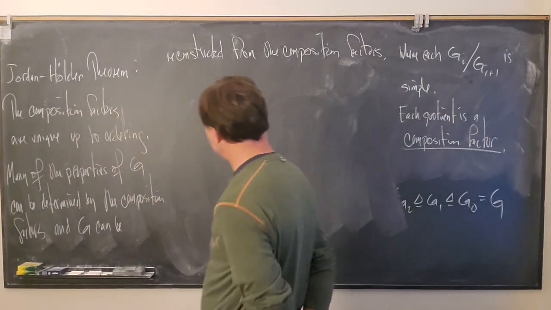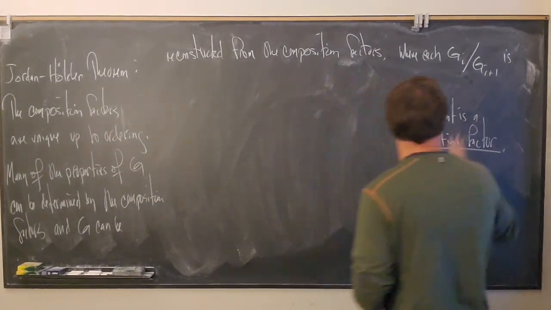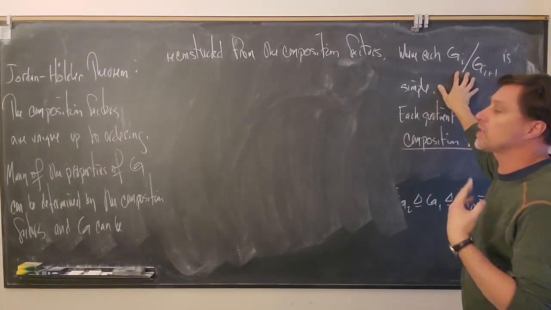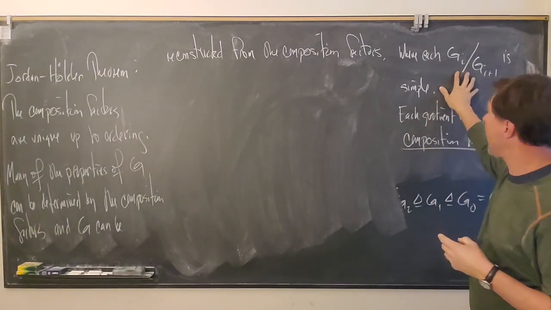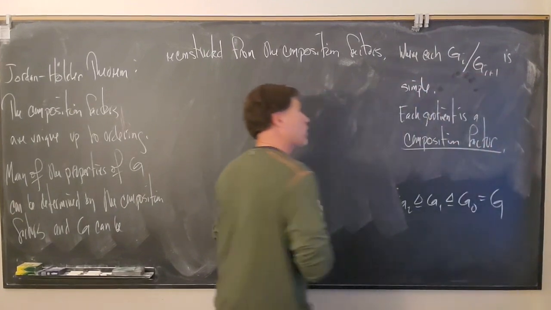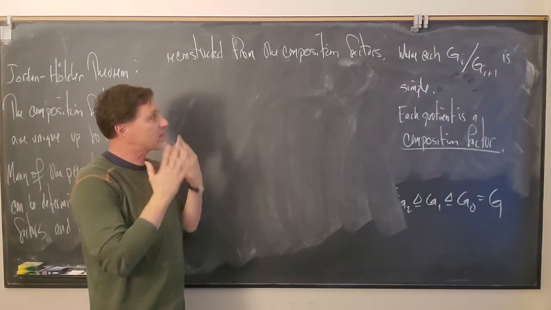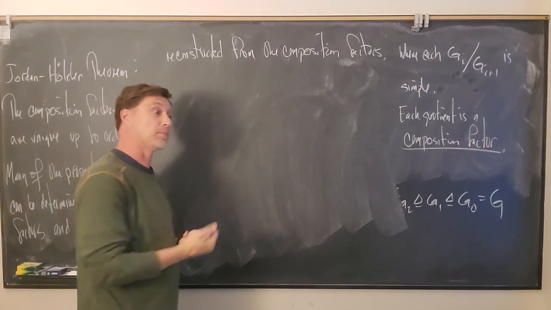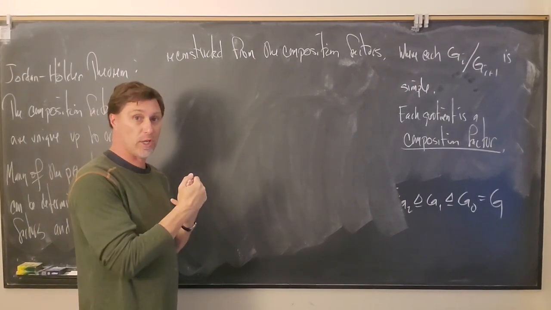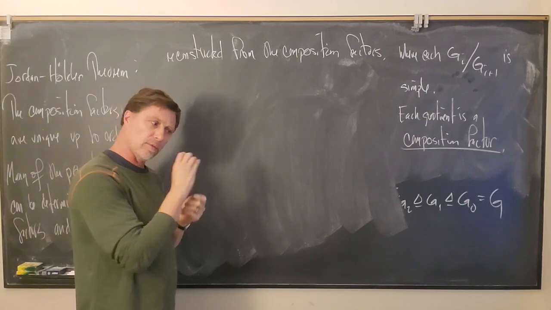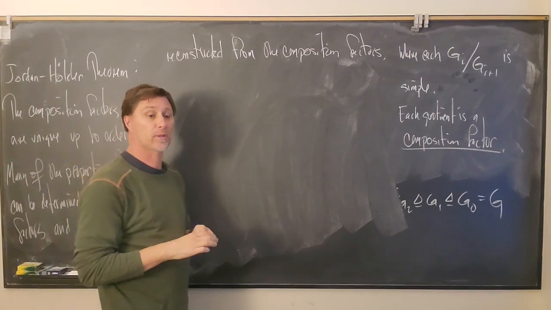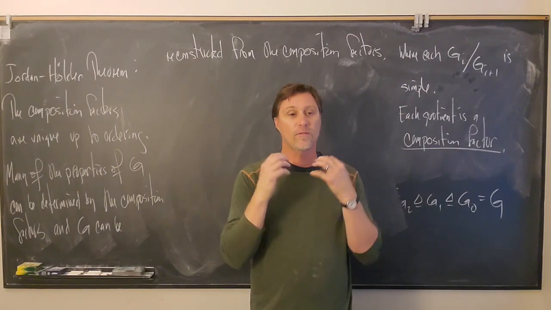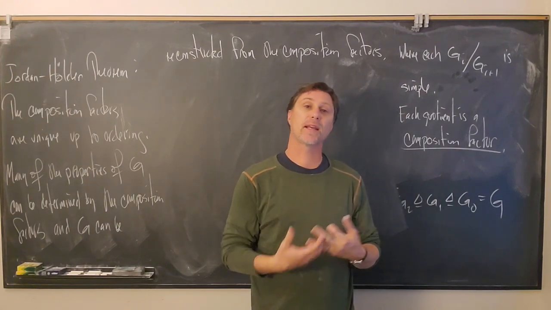So what does that tell us then, right? If you know all the composition factors corresponding to a particular group, then you essentially know who that group is. And all of these composition factors are simple. So in a sense, the composition factors are the building blocks of the group G, and all of those are simple. A way to interpret this is that finite groups are built out of finite simple groups.